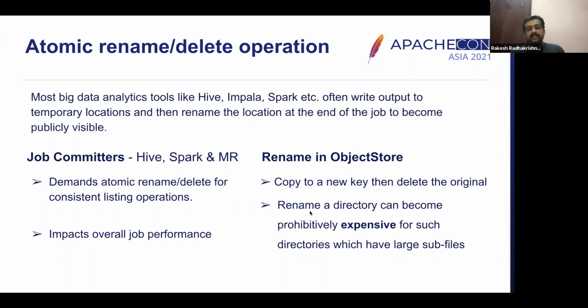It would be too expensive to list all the directories and delete all the original subdirectories and files, right? If you look at the job committers of Hive, Spark, and MR, they demand atomic rename and delete operations for consistent listing operations. Also, the rename or delete operation impacts the overall job performance.